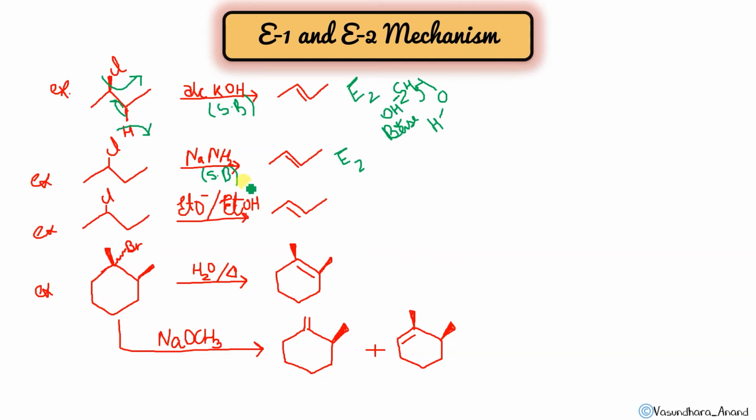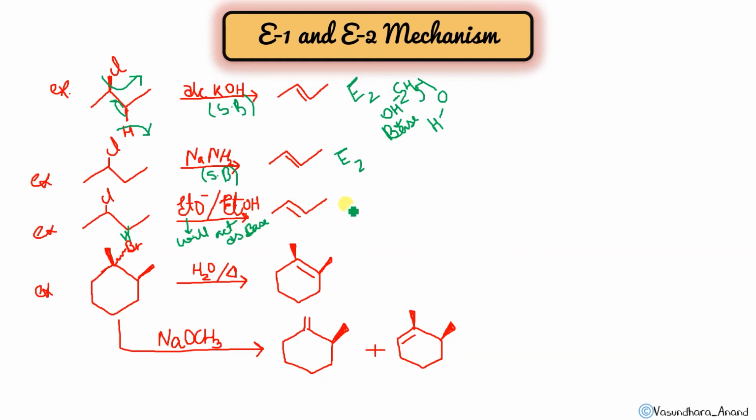But with this EtOH, it will act as a base. Clear? And that's why Cl and this hydrogen will come out together and form the double bond over here, a single step bimolecular reaction, because this and this both will affect the rate of reaction. So this is also E2.